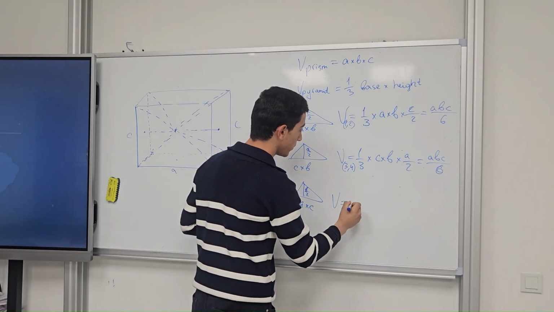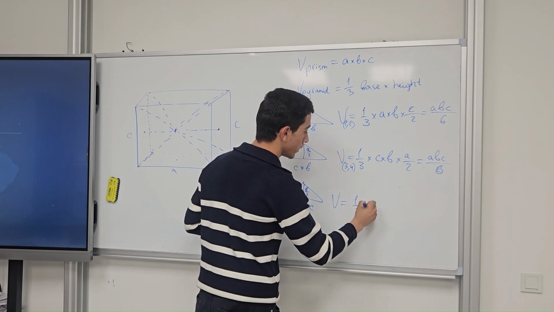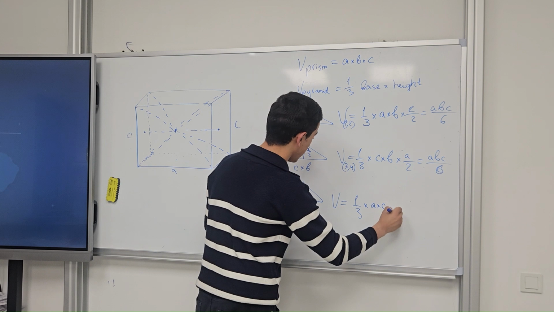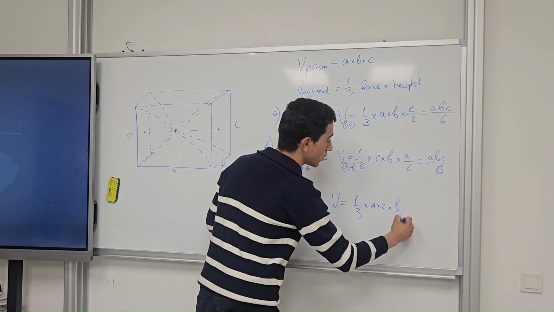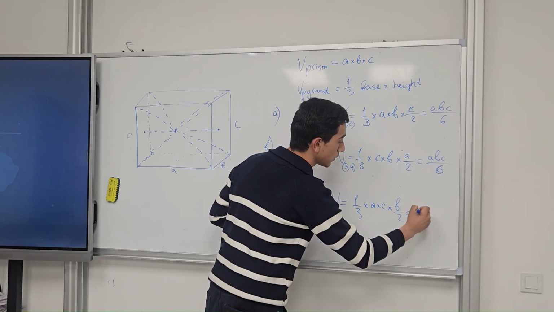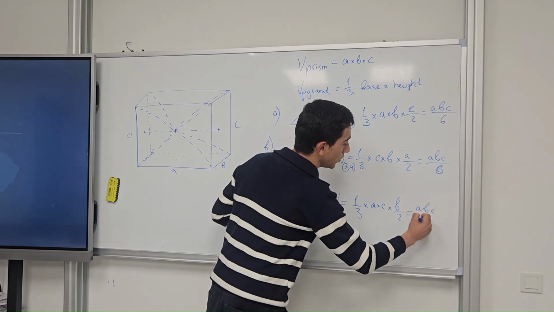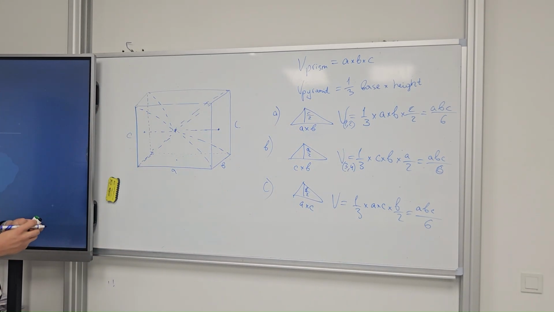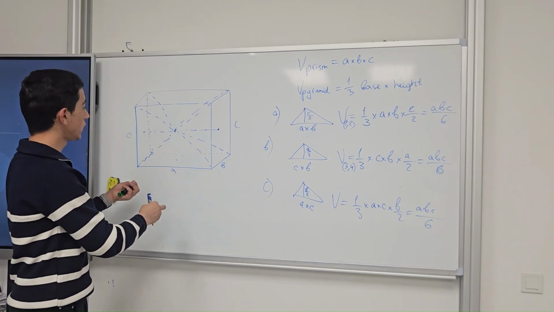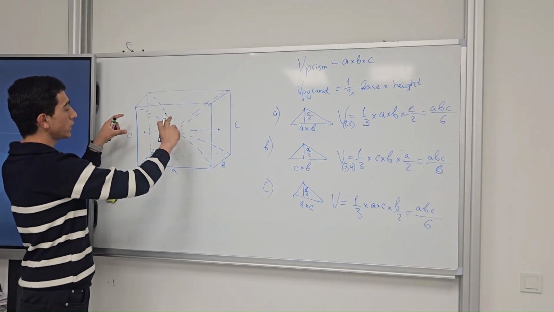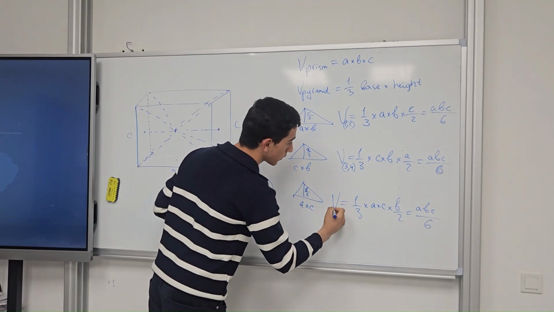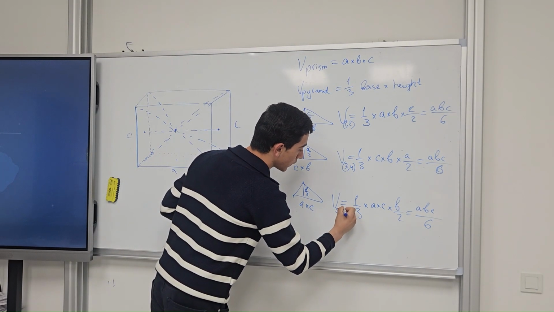The volume of this pyramid is 1 over 3 multiplied by A multiplied by C multiplied by B over 2, and it's also the same, ABC over 6. And if we mirror this side to the opposite side, we get the same pyramid. So we have this kind of pyramid.